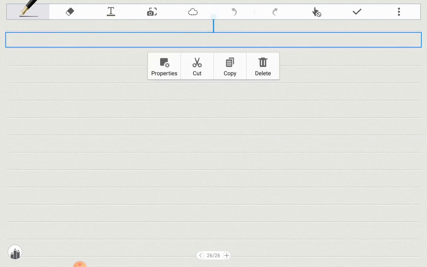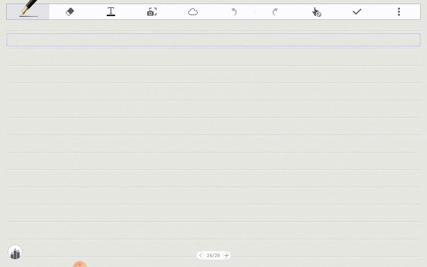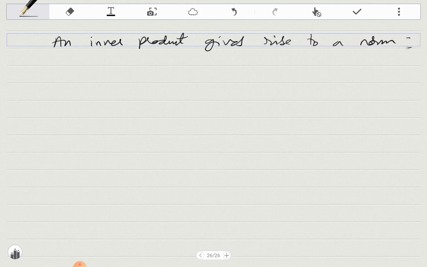Now note that the next observation is that an inner product gives rise to a norm. Namely, you define the norm of a vector to be, this is the definition of the norm arising from an inner product, I just take the inner product of v with v and then I take the square root.